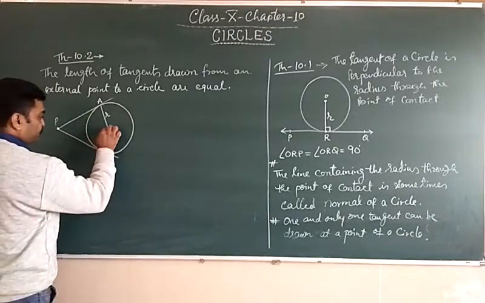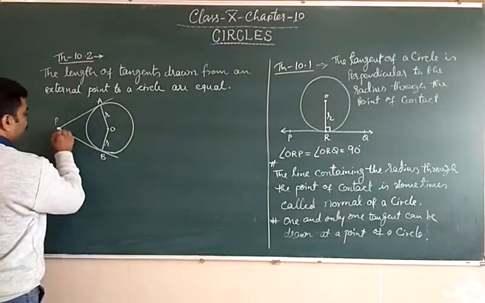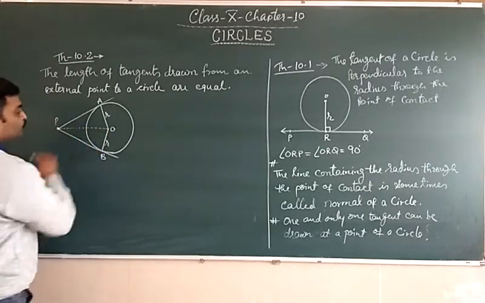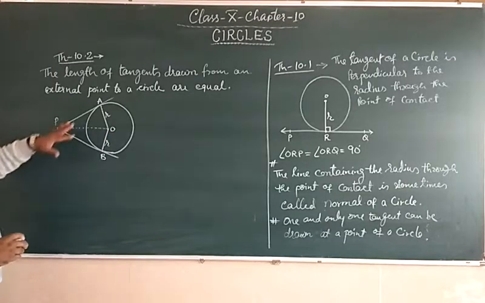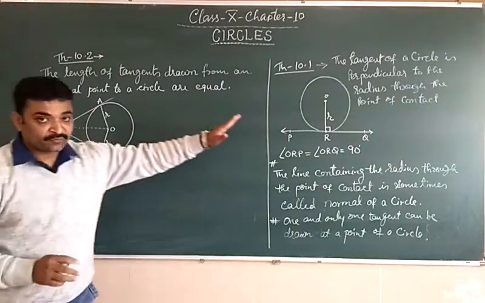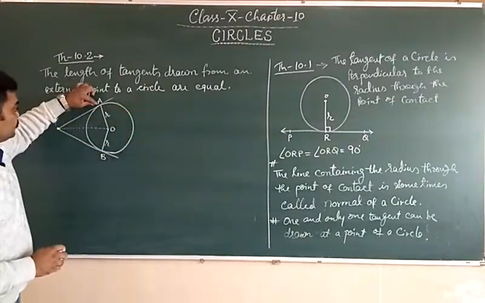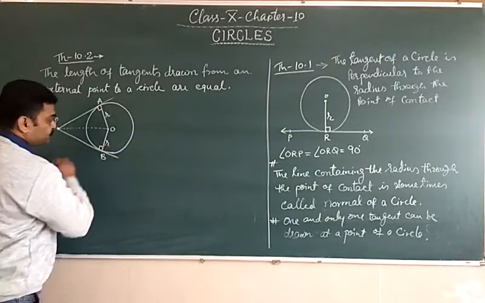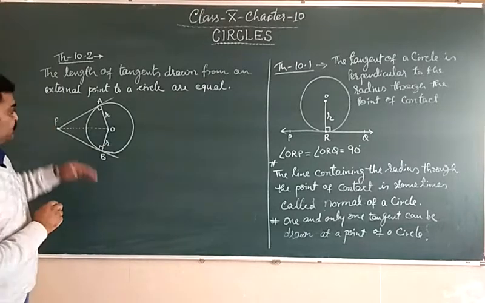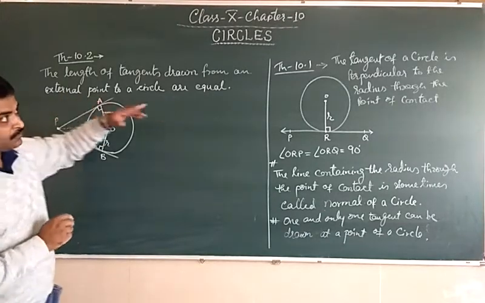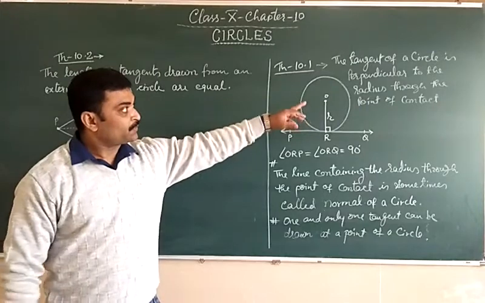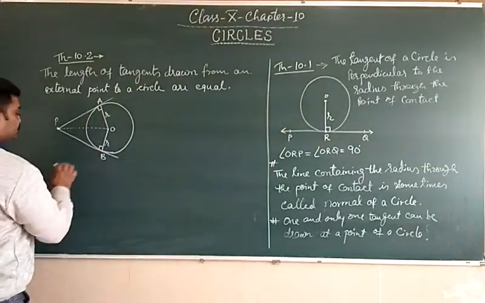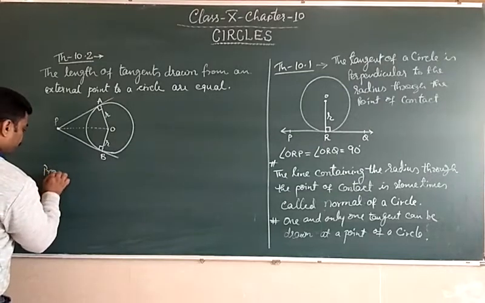For this, we construct, or we join OP. According to our theorem number 10.1, this is perpendicular and this is also perpendicular. Clear? The tangent of a circle is perpendicular to the radius through the point of contact. See the proof.